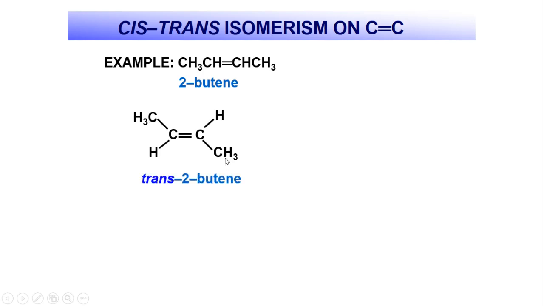So this is known as trans-2-butene. This word trans is coming from the fact that they are on opposite sides. So when they are on opposite sides, you give the name trans. So trans-2-butene. The 2-butene comes from the basics which I've already given. The trans has come in because of the positioning of the groups.